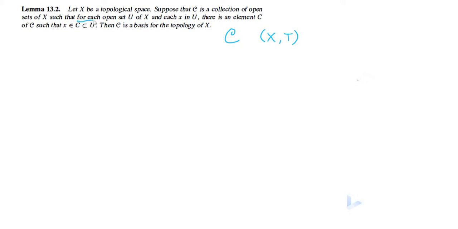For each open set U of X and each x in U, there is an element c of the collection C such that x is inside of c and c is a subset of U. So this means for any open set U from the topology T, and for any x in U, there is an element c from the collection C, and this c contains the point x, and this c is inside this open set U.